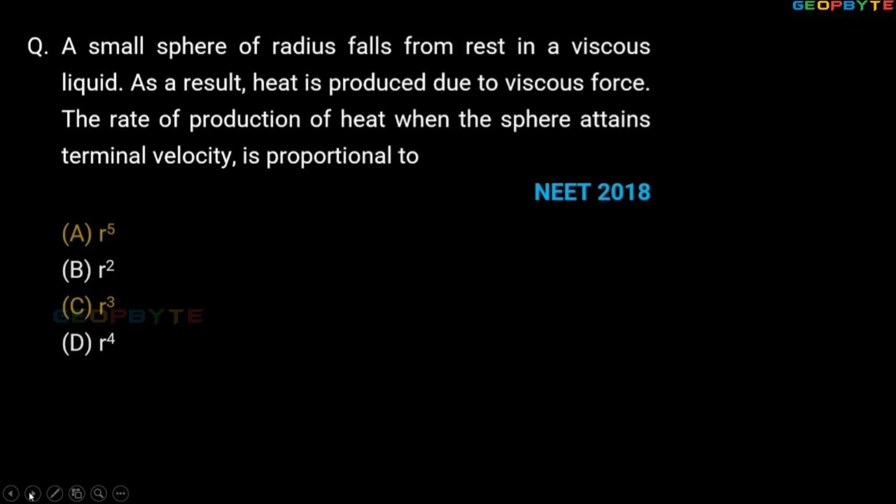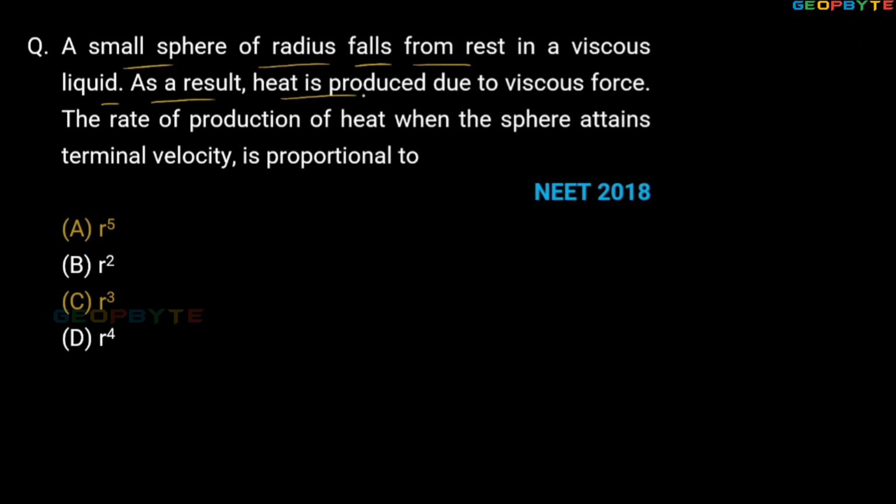Similarly, let's take another important problem asking like this. A small sphere of radius r falls from rest in a viscous liquid. As a result, heat is produced due to viscous force. Because of the viscosity, heat is produced. That means heat produced equals power due to viscosity.